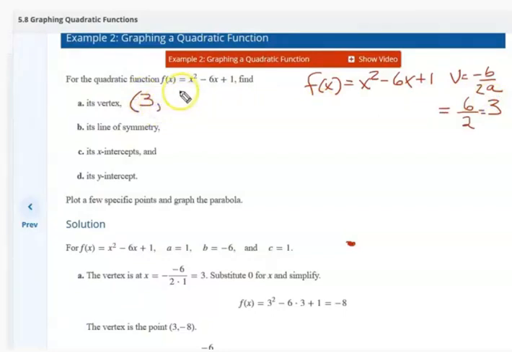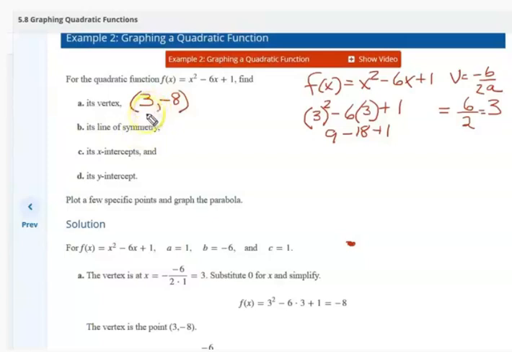Now, to find the y-coordinate, we put 3 where the x is. So 3 squared there, minus 6 times x, which is 3, plus 1. This is 9 minus 18 plus 1. That'll be 10 minus 18. That's going to give us -8. So there is our vertex.